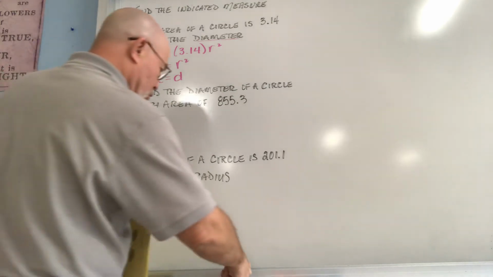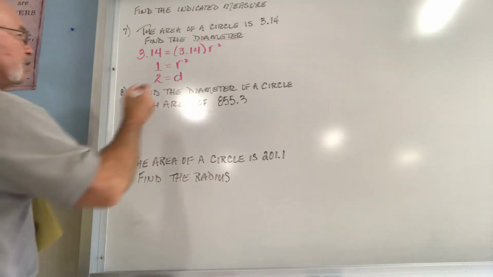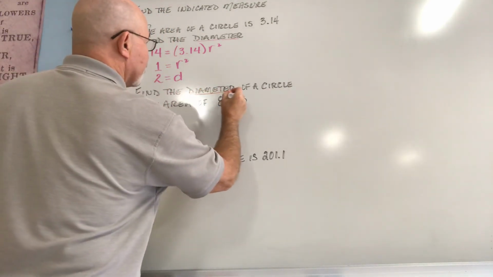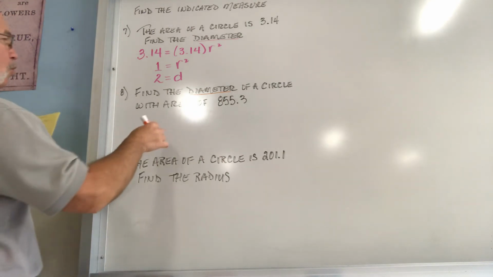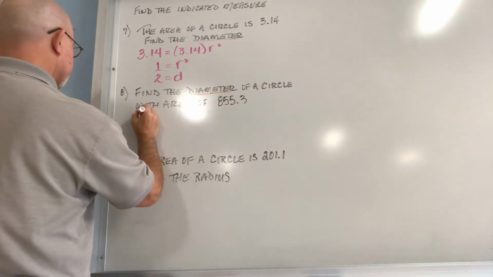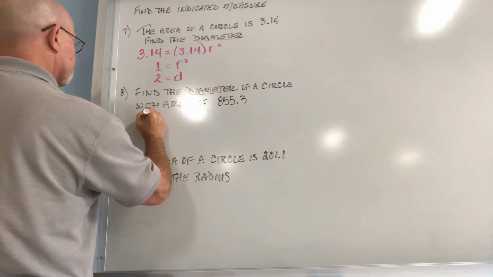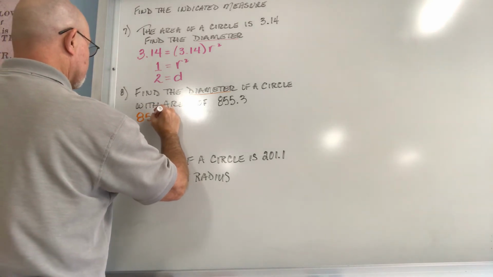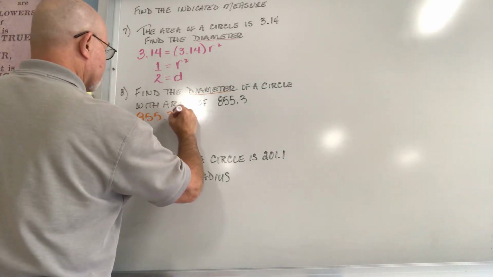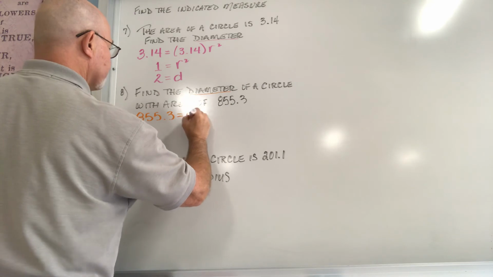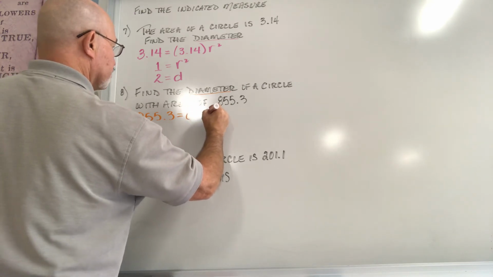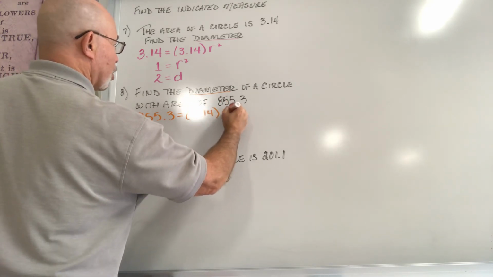In this one, we are going to find the diameter again. So once again, area equals pi r squared.